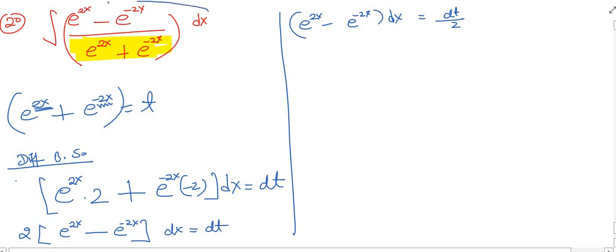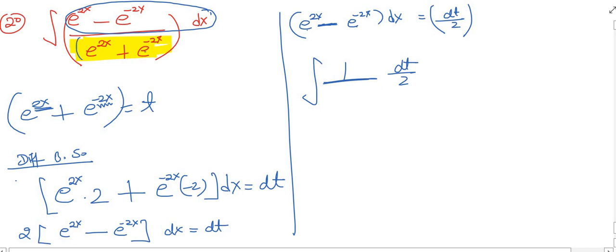Observe carefully, this whole part is becoming dt by 2. Can you see that? e raised to power 2x minus e raised to power minus 2x dx is dt by 2. So I can write dt by 2 as the numerator. And what is the denominator part? This part I have assumed t only, correct? So write t here.